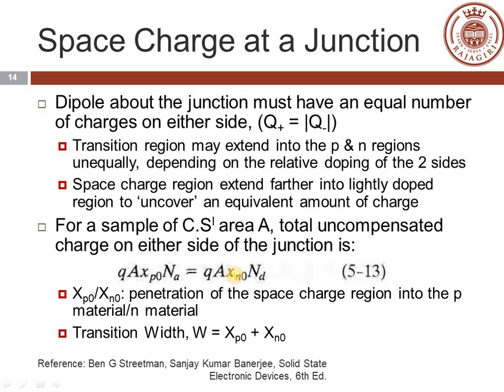So we can write xp0 Na equal to xn0 Nd, where xp0 is the penetration of the space charge region into the P material and xn0 is the penetration of the space charge region into the N material, whereas the total transition width W is equal to xp0 plus xn0.